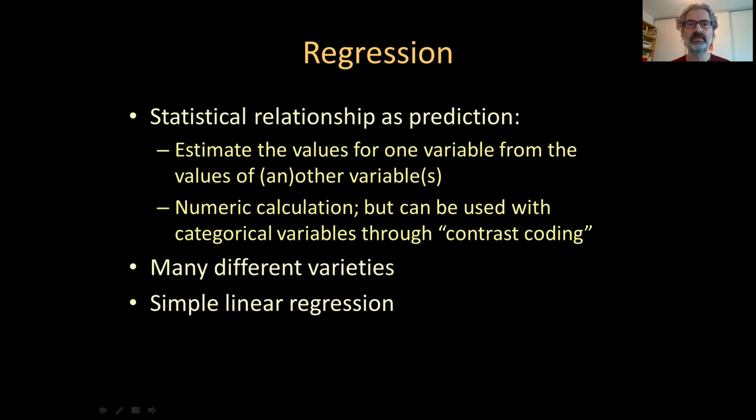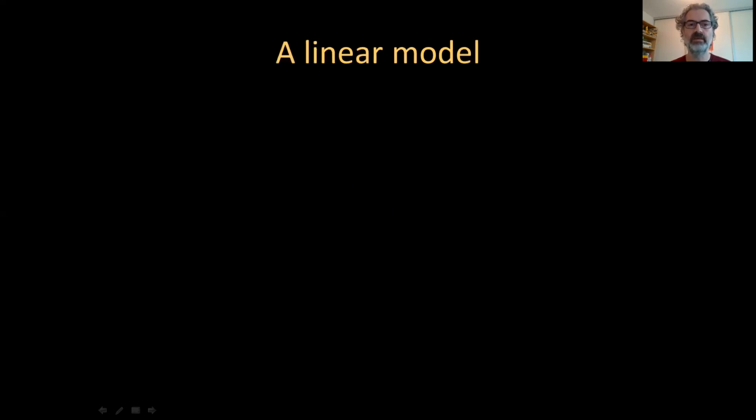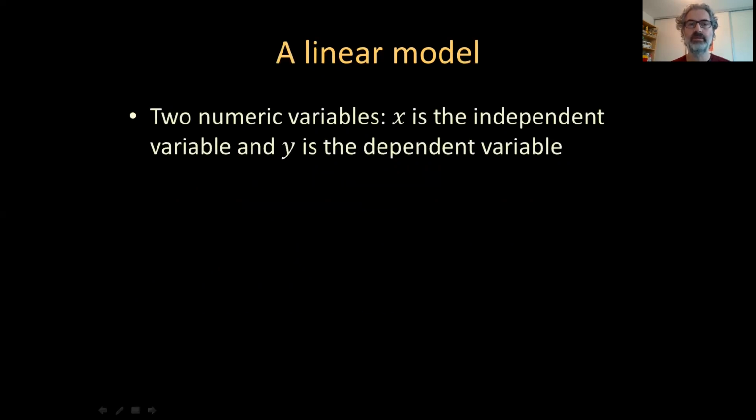So the main idea behind regression is what is called a linear model. A linear model involves two numeric variables, and there are only two in our case of simple linear regression. There can be many more in general, but here we're only considering simple linear regression.